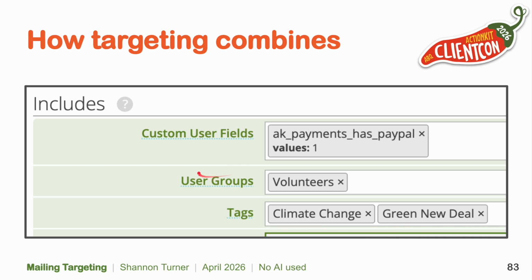But how do these other targeting options factor in here? Since this is our mailing includes, imagine that there's a big AND in between each of these options. So a user has to have this PayPal account and be in the volunteers user group and have one of these tags. You could have both, but you just need one of them.